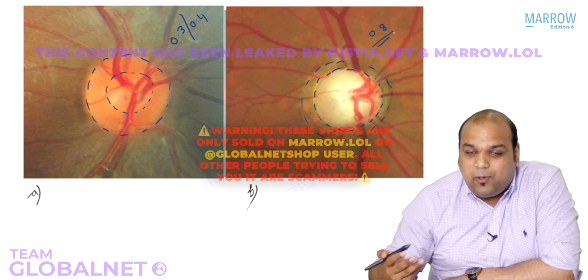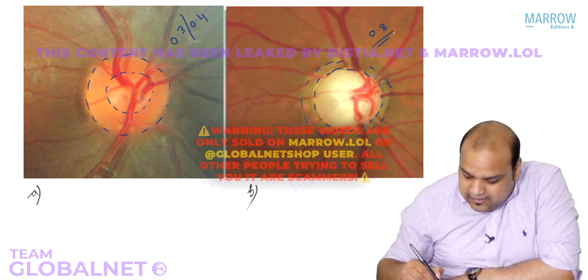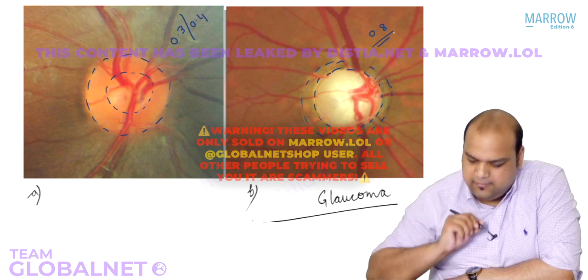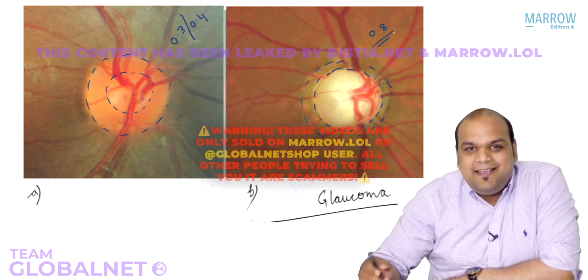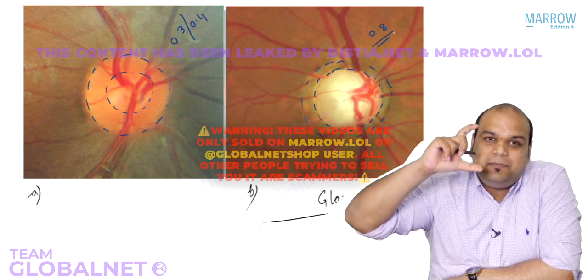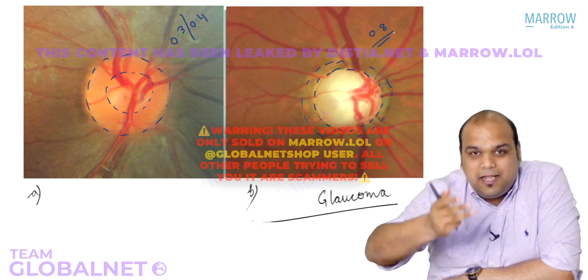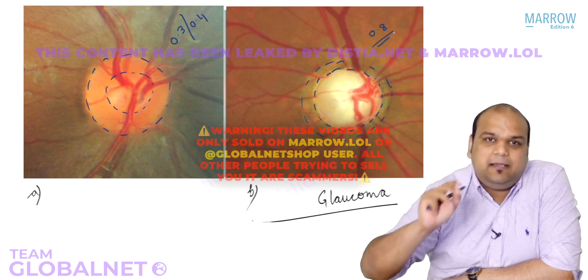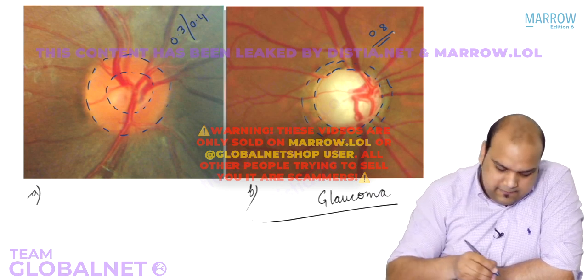Yes or no? Approximately it is around 0.8. That means it is a case of glaucoma. Are we clear about this, everybody? Yes? So the loss of neuroretinal rim makes the cup larger. It is easier to see a larger cup, and that is why that is becoming a sign, vertical cupping. Okay? No confusion about this?